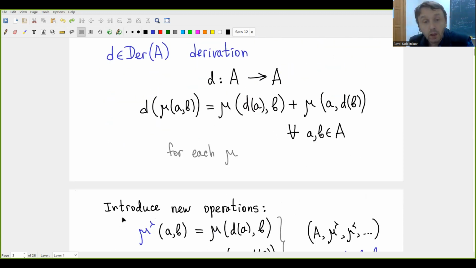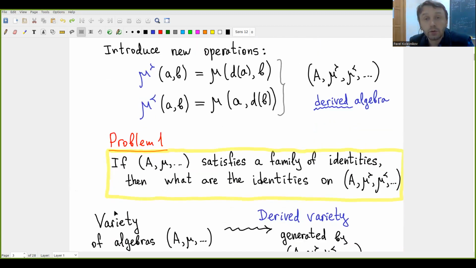Then let us introduce two new operations. For each multiplication mu in the initial algebra, let us consider two operations, left one and right one. Why do I call this one left?